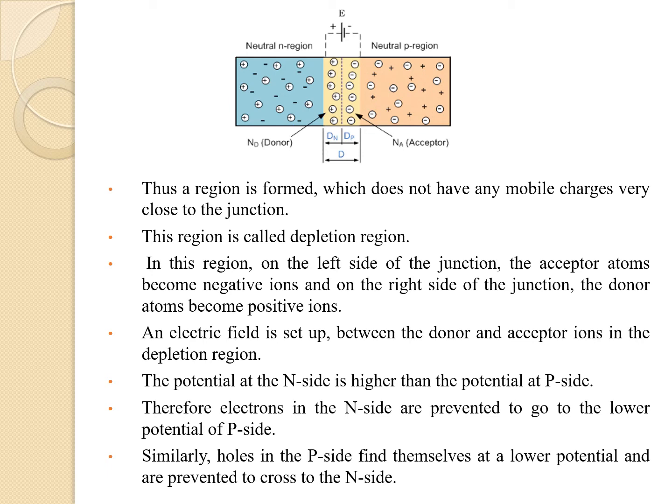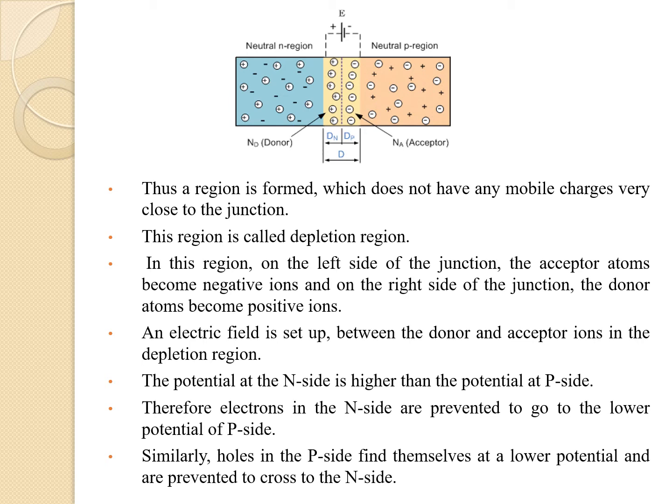Before the charge carriers diffused across the junction, both the N-type and the P-type material were electrically neutral. However, as negative ions are created on the P side of the junction, the region of the P side close to the junction acquires a negative charge. Similarly, the positive ions created on the N side give the N side a positive charge.